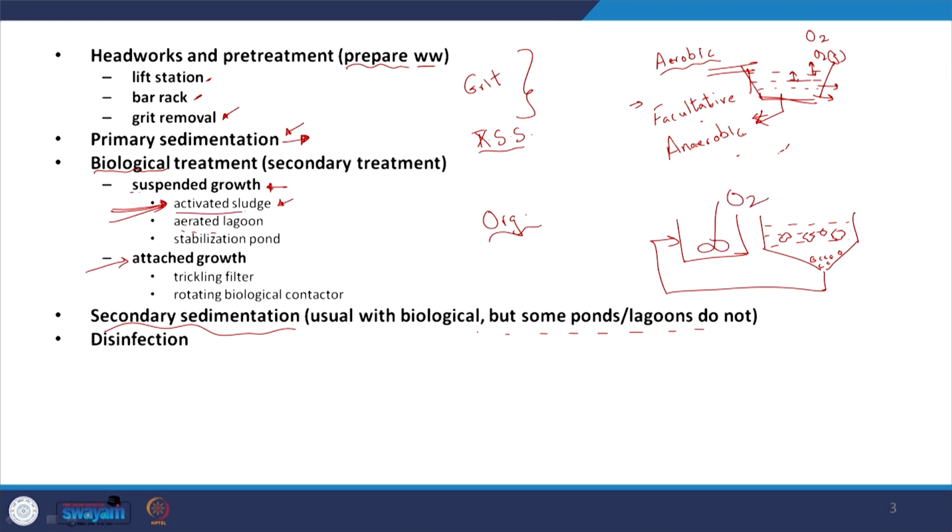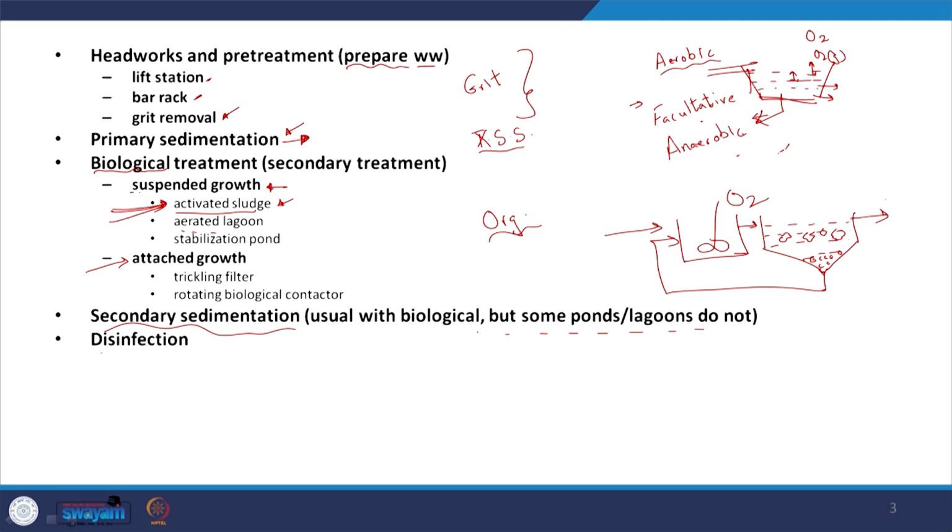As the name indicates, it's activated sludge. The microbes or sludge that has settled down will be recycled back, because the wastewater coming in will not have enough microbes. So you need a source of microbes in your aeration tank for the redox process to go through at a faster rate, and that's why these microbes are recycled. So that's the activated sludge process.